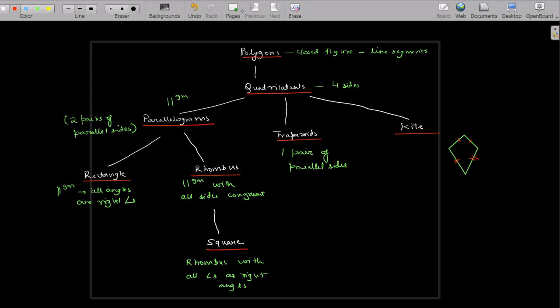Tanvi, do you have any doubt in this? No, that makes sense. Okay, now we want to do some properties of these parallelograms. I'm going to draw all four parallelograms that we have to do, and we will do some properties about their diagonals: how the diagonals bisect each other, and whether the diagonals are equal.